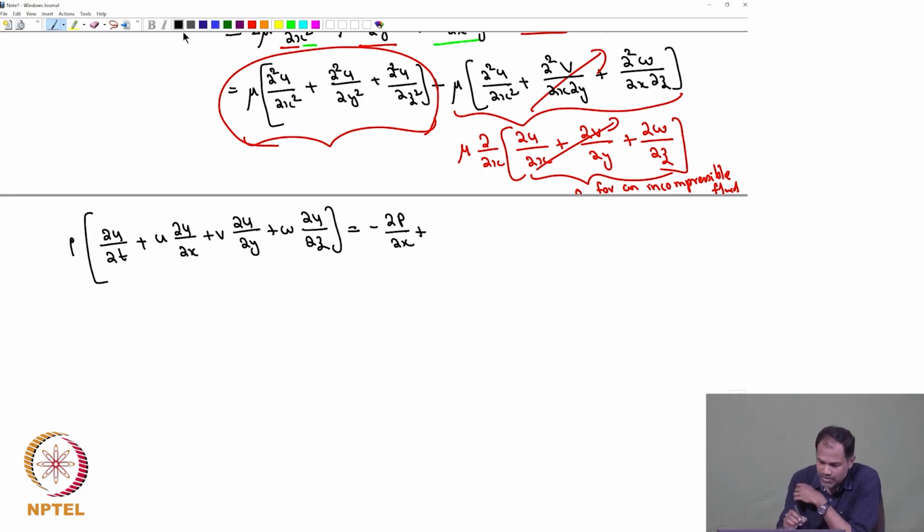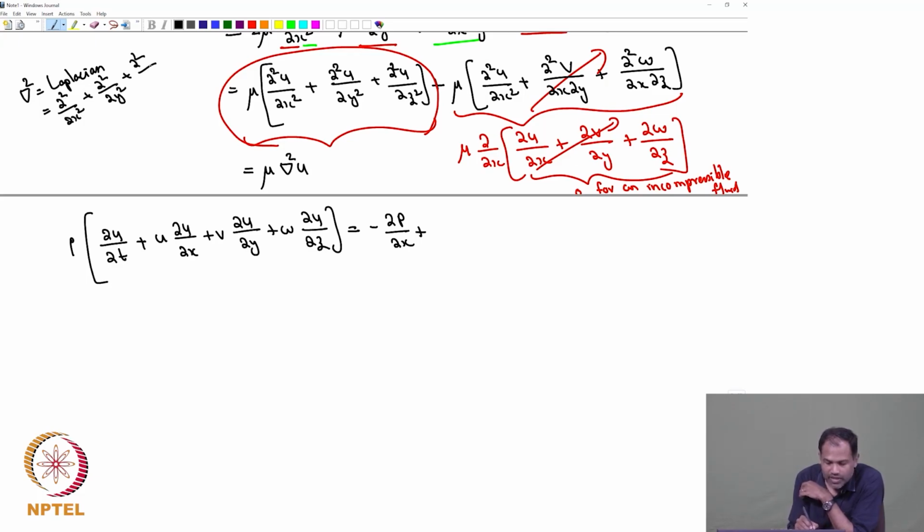So this is nothing but μ times ∇²u, where ∇² is the Laplacian operator, right? Del square is Laplacian. It simply says it's ∂²/∂x² plus ∂²/∂y² plus ∂²/∂z².